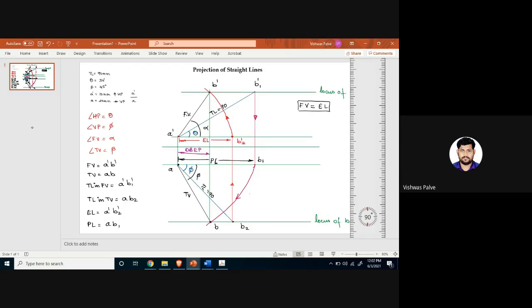So elevation length and front view length are always the same. Then top view length is always equal to plan length. Any difficulty in this?